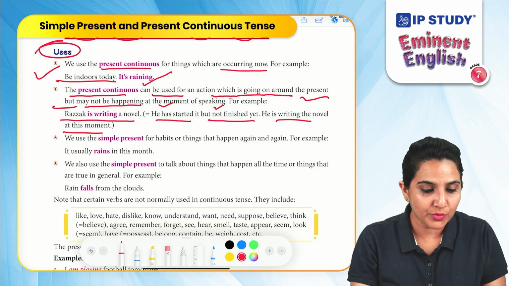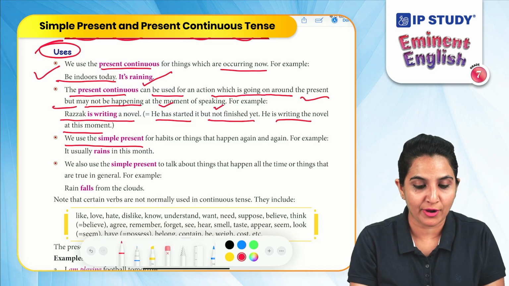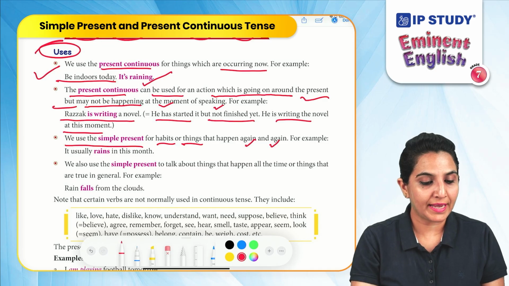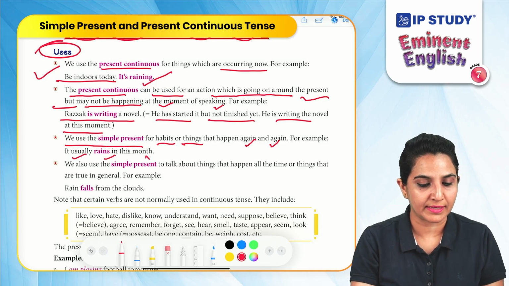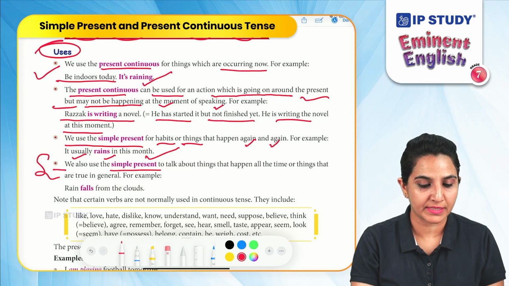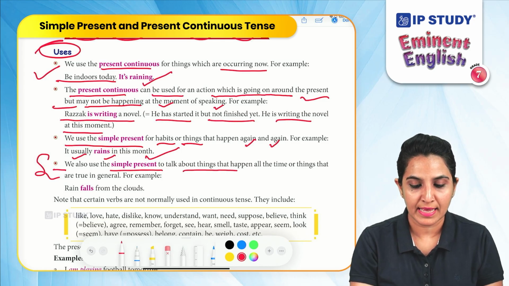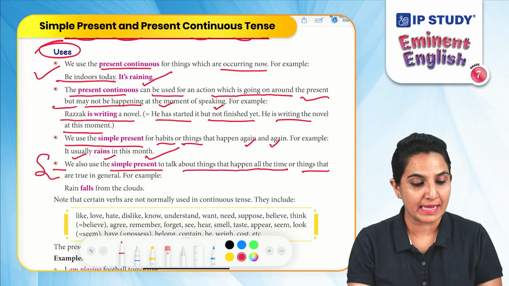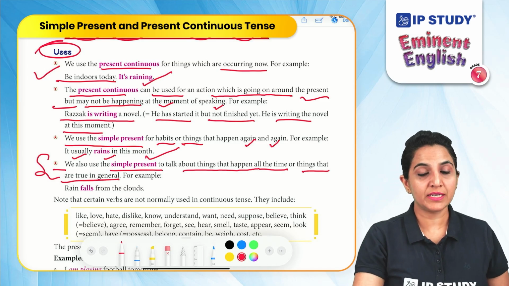Now we use the simple present tense for habits or things that happen again and again. For example, it usually rains in this month. We also use the simple present to talk about things that happen all the time or things that are true in general.